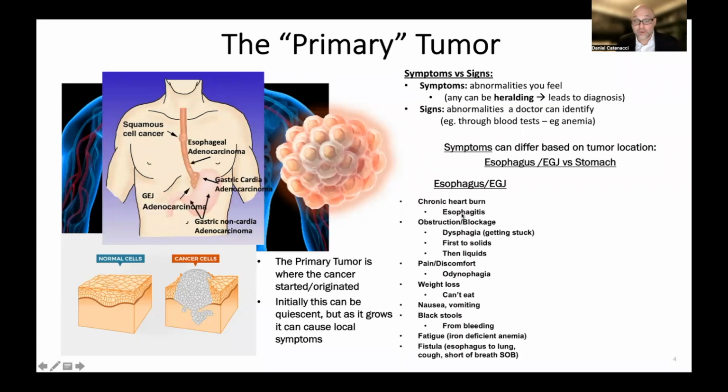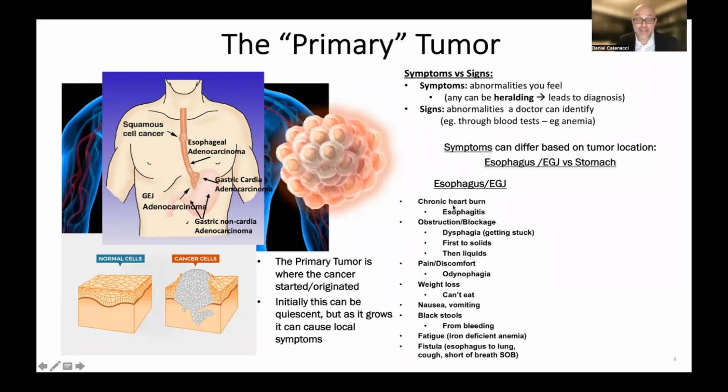Chronic heartburn is caused by inflammation in the esophagus, called esophagitis, and that's from chronic reflux of acid in the stomach and bile from the bile duct going into the small bowel and then backwards and retroflowing into the upper part of the stomach and into the lower end of the esophagus.